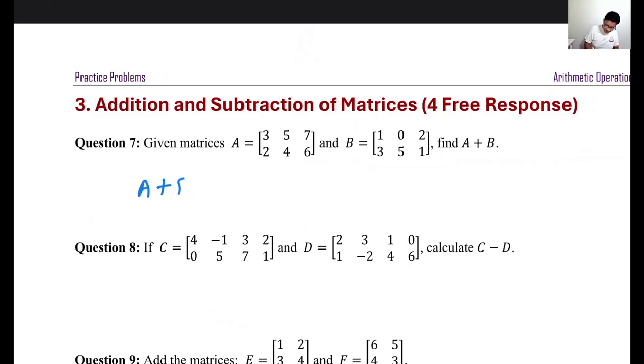And the solution is that matrix addition is defined component wise, or element wise. In other words, we say corresponding elements.